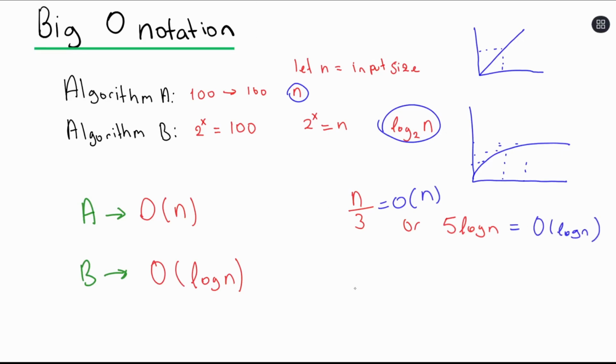And let's say you're given a function like n cubed plus n squared over 2 plus 6, and they're asking for the big O notation for this function. You're gonna say O of n cubed. You're gonna pick whichever has the highest degree. Again, it doesn't matter if it has a constant in front of it or anywhere around it. You're just gonna take a plain n with the highest degree.